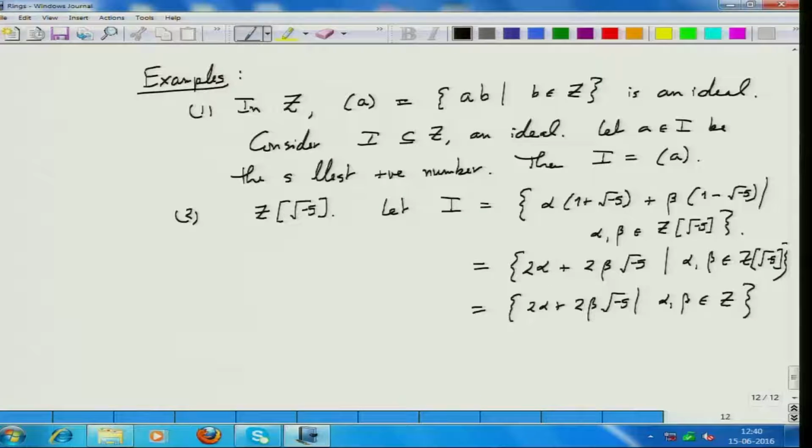Okay, this is not clear? You work this out. I will leave this as an exercise, a very simple exercise for you. What is important right now to observe is that this is an ideal. Firstly, I have not even shown that this is an ideal actually. Why is this an ideal?